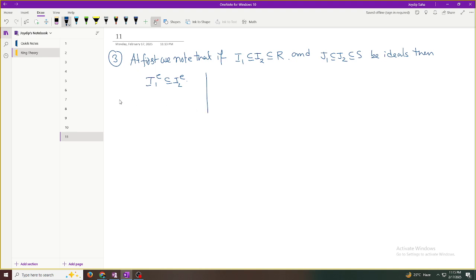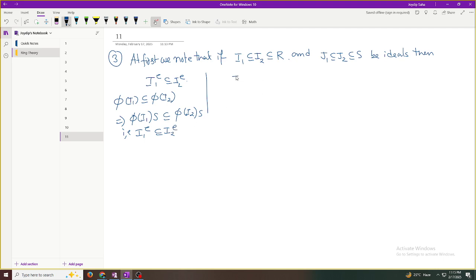Why? Phi I1 is a subset of phi I2. This implies I1 extension is a subset of I2 extension.